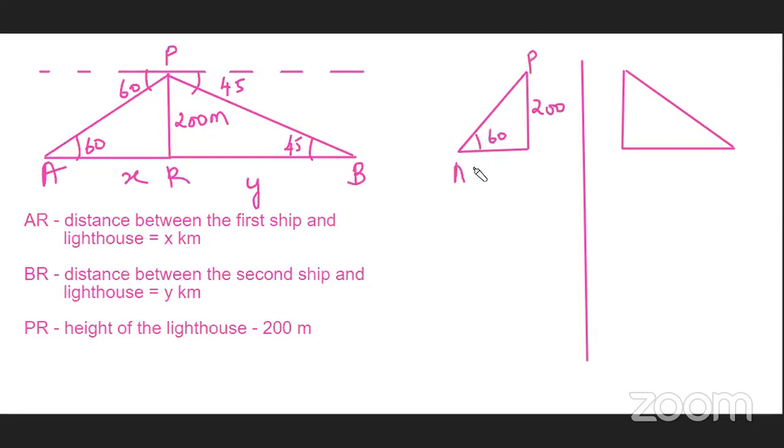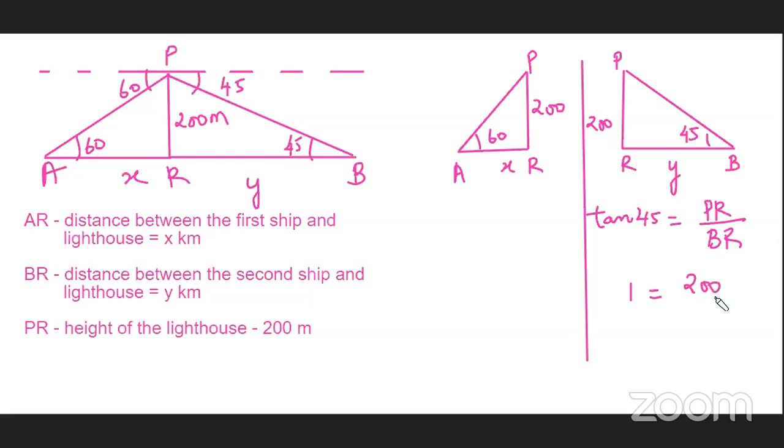All have solved? What should be my Y? 200. Correct, because tan 45 is 1. So 200 upon Y, so Y is 200.